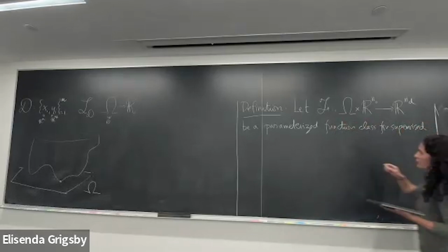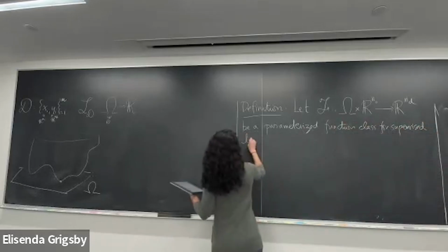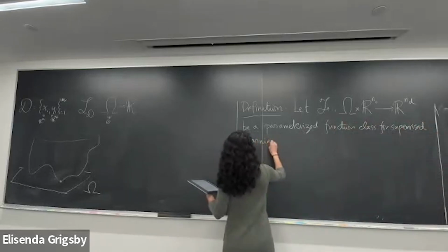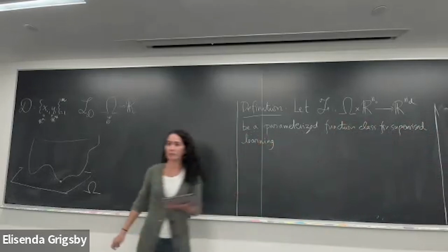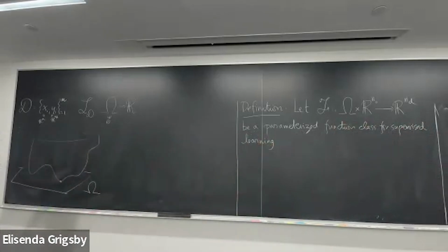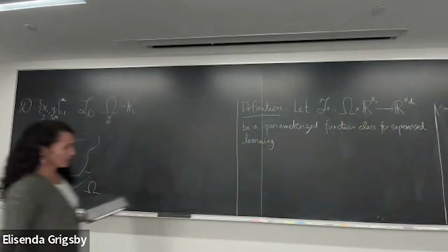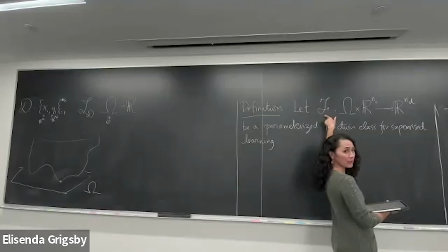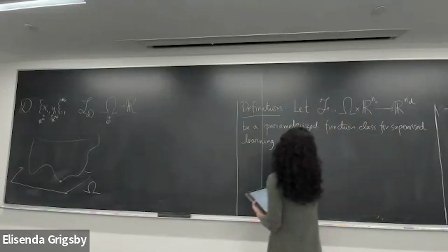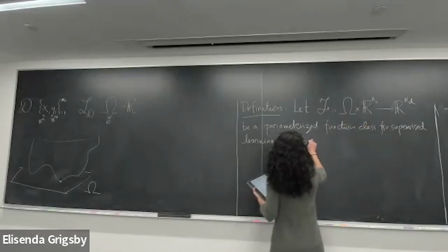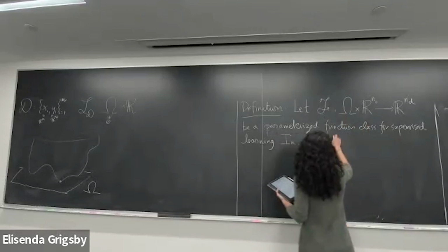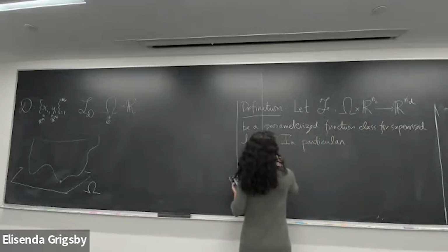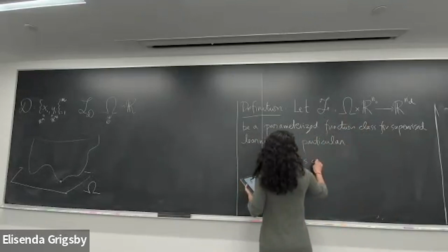In other words, for training via gradient descent. Well, what would you need this class to satisfy? Well, you probably want this function to be continuous. So in particular, F is continuous.